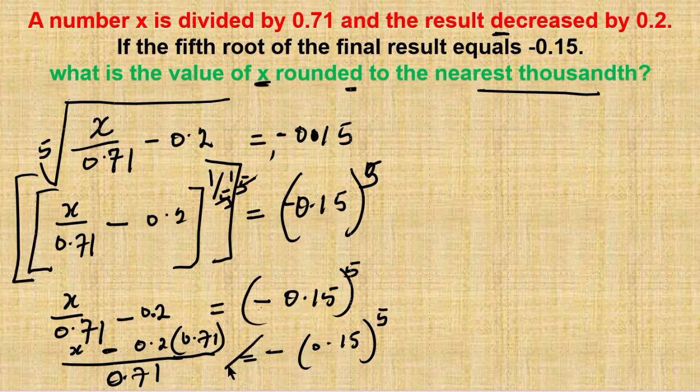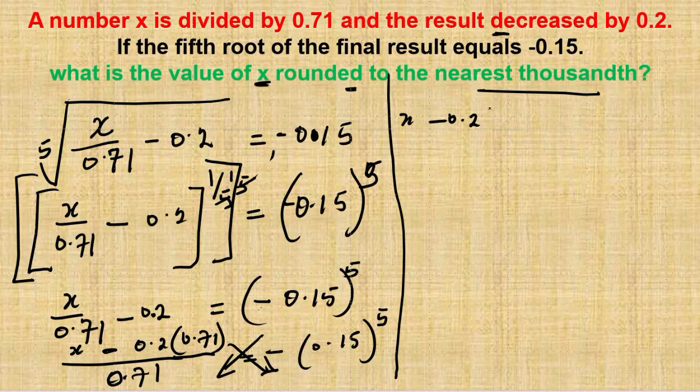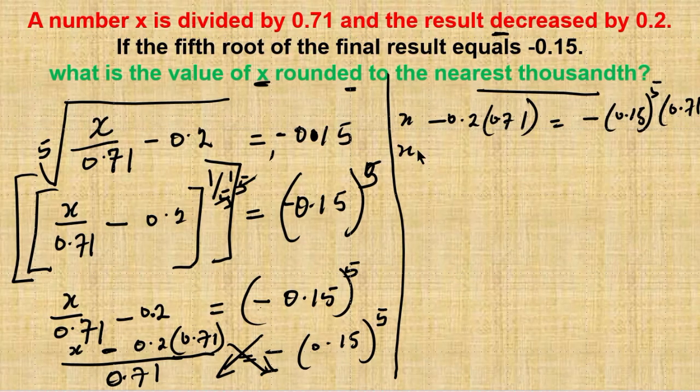Now I can cross multiply, so that I'll have x minus 0.2 into 0.71 equals minus 0.15 all raised to the power of 5 into 0.71. Now my x will come from 0.2 times 0.71 going to the other side, where it becomes positive.